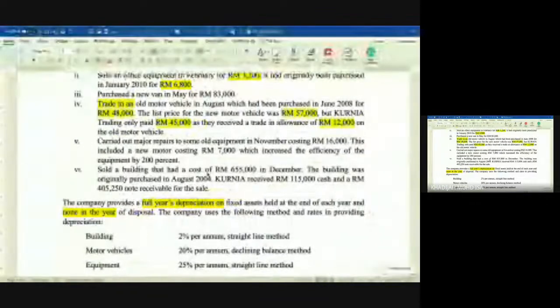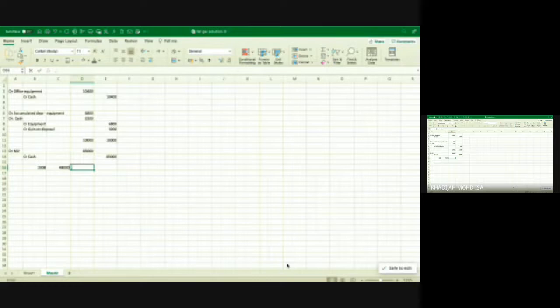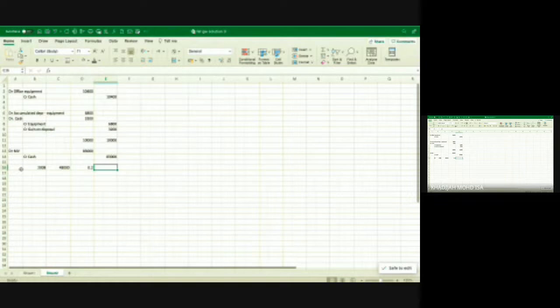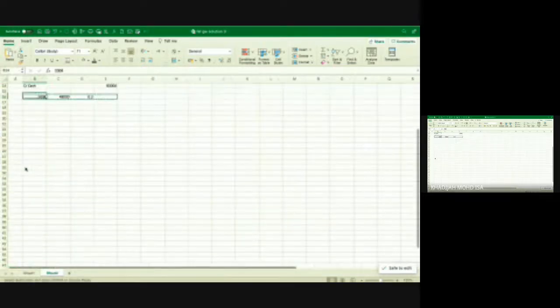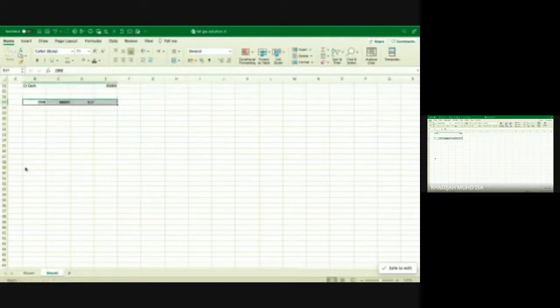Declining method, which is 20%, 0.2. Right, so this is the year, this is the cost, this is the rate, and this is the net book value. So this one is times by 9,006. This is not the cost. This is the net book value.